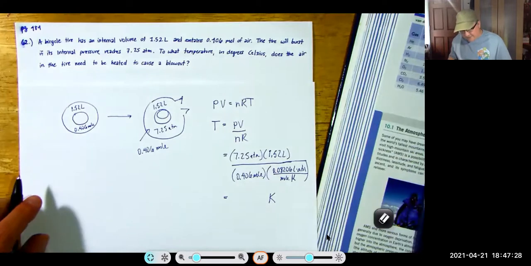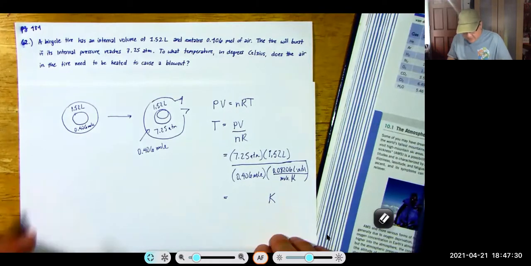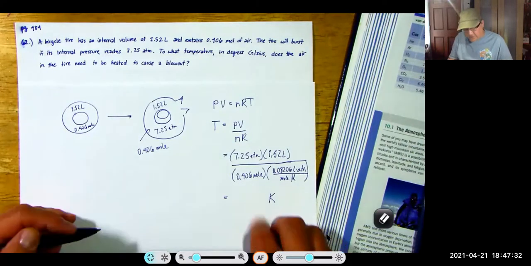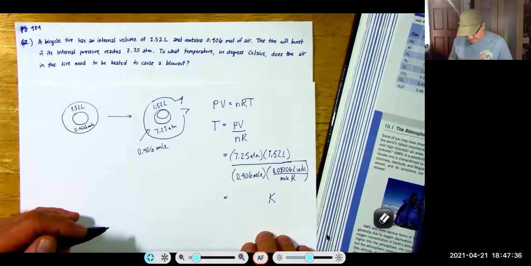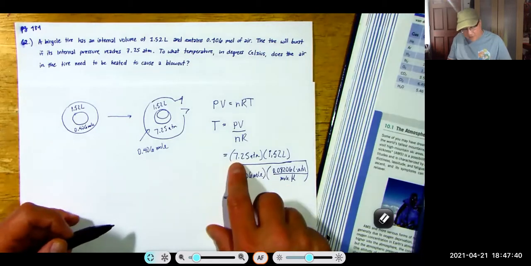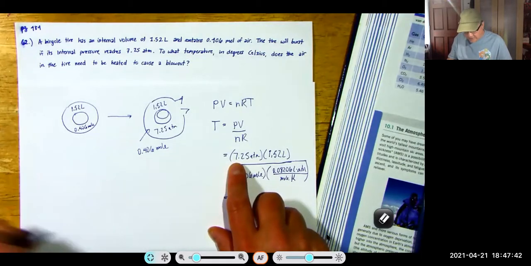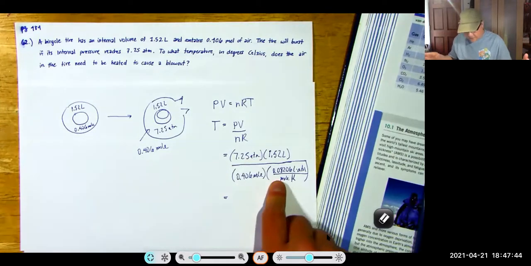And when we estimate this, I guess the way I'm going to figure this is 0.4 goes into 1.5 about, well, 4 times. 4 times 7 is about 28. We'll call it 30. And 30 divided by 1/10 is 300.